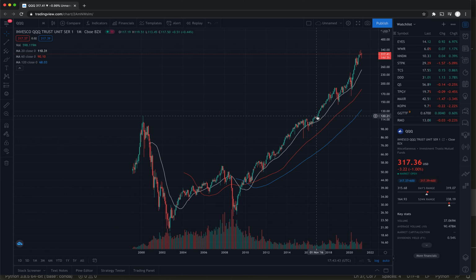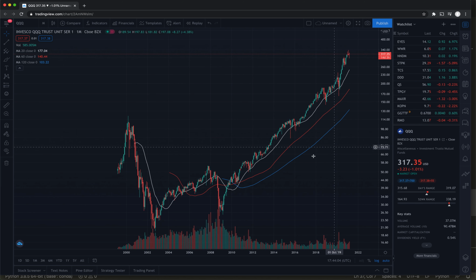That's a very long period of time, and there's almost nobody who can look at their retirement account for 16 years without getting any kind of return.